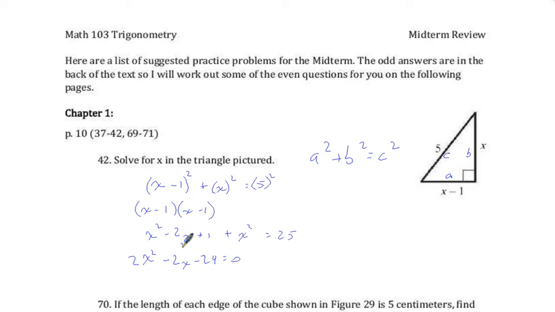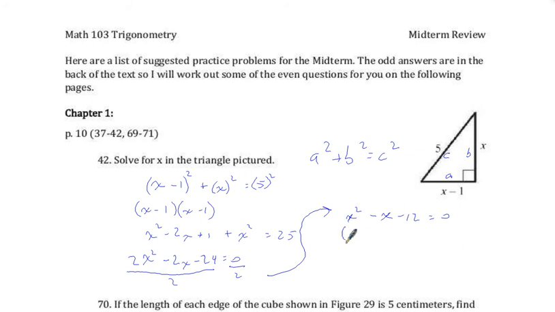Now, every number is even, so we could factor out a 2, or I'm just going to go ahead and divide both sides of the equation by 2, which is going to cut each of those numbers in half, bringing us to x squared minus x minus 12 equals 0.